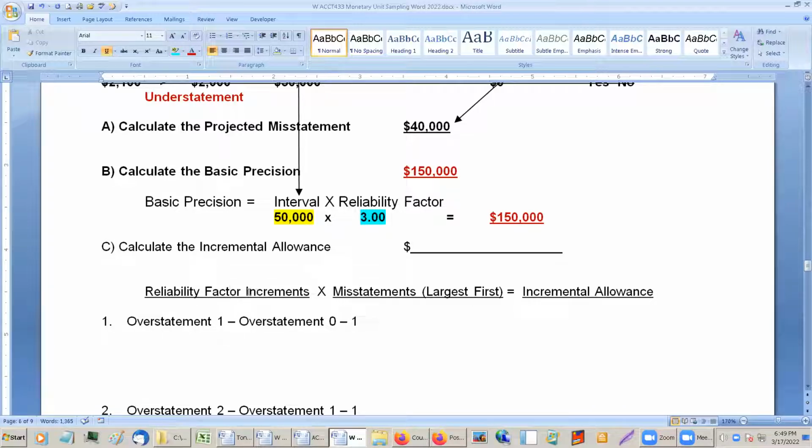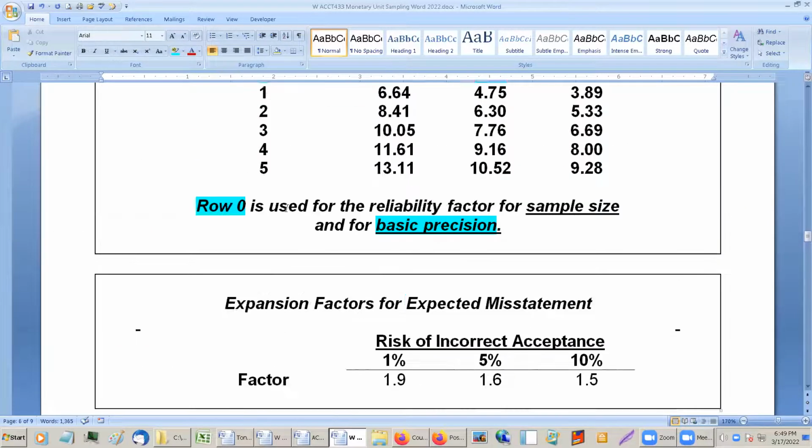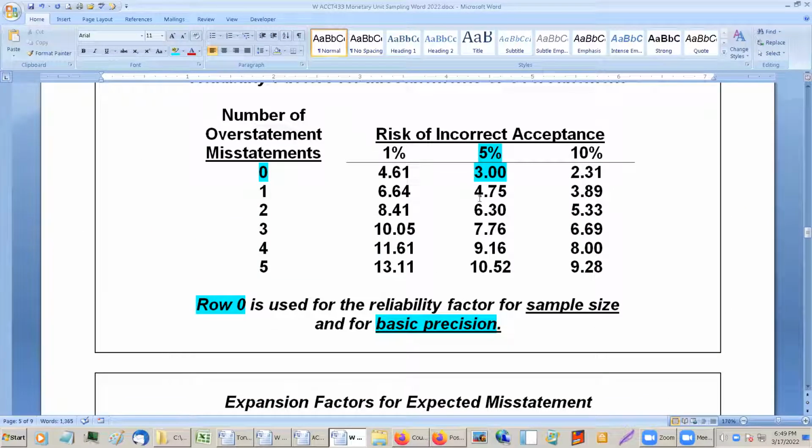And it's called the incremental allowance because it's the increments between the factors. In other words, the difference between them. So here comes the wacky. All right, so we come up here, and at 5%, these are the factors we're talking about.